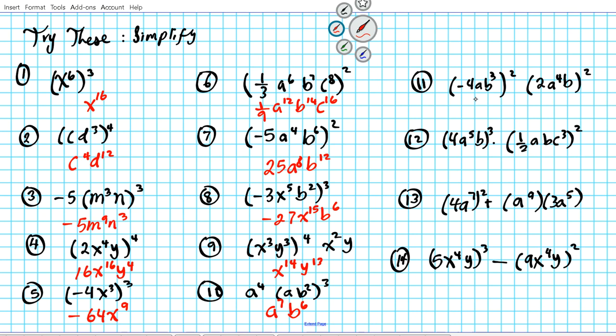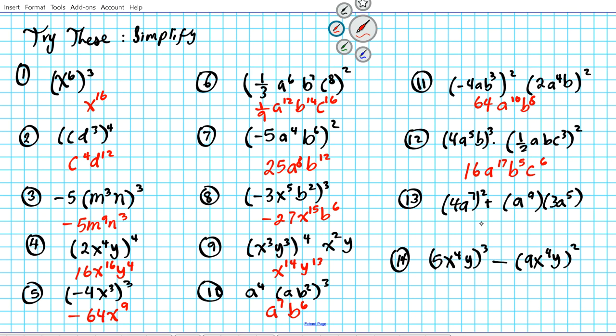Number 11 is 64a to the 10th power, b to the 8th. And then number 12 is 16a to the 17th power, b to the 5th, c to the 6th.